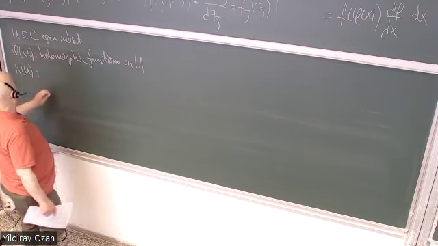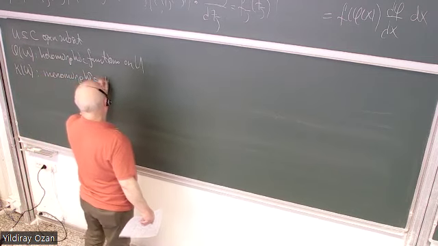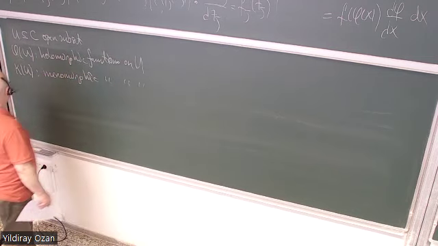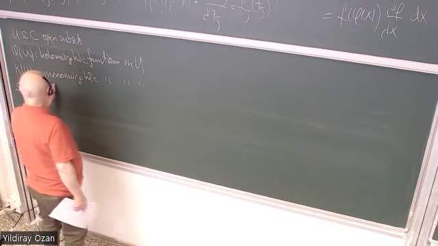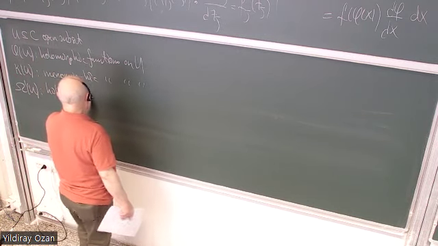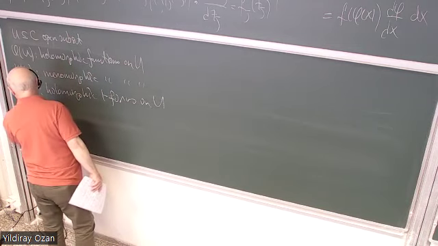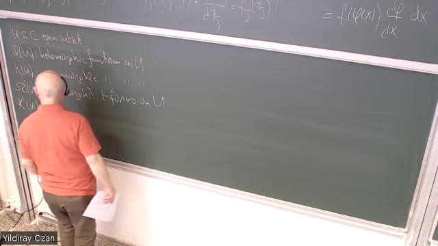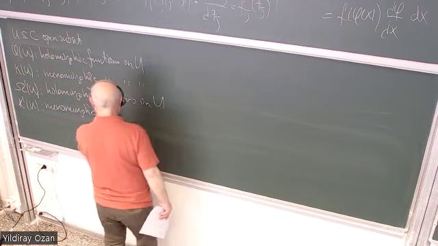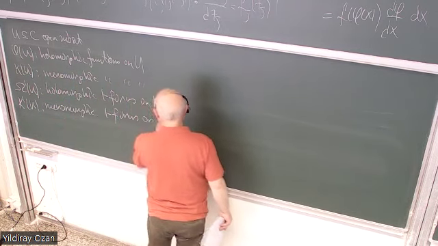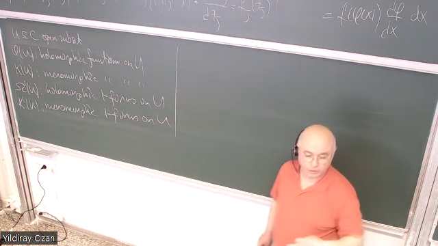K of U is the field of meromorphic functions on U. Omega 1 of U is the holomorphic one forms on U, and K1 of U is the set of meromorphic one forms on U. We will only consider one forms because we are working on curves.